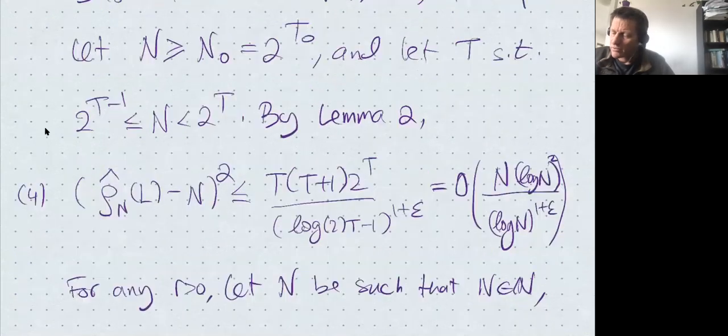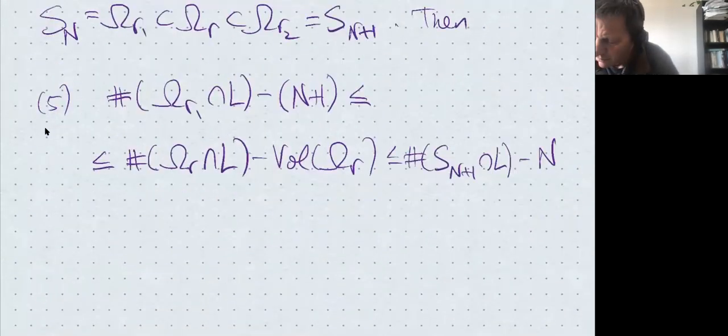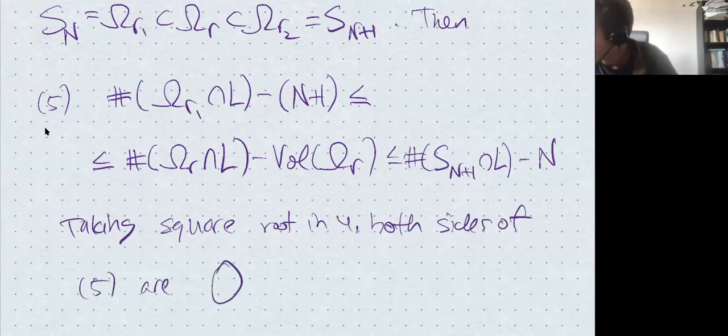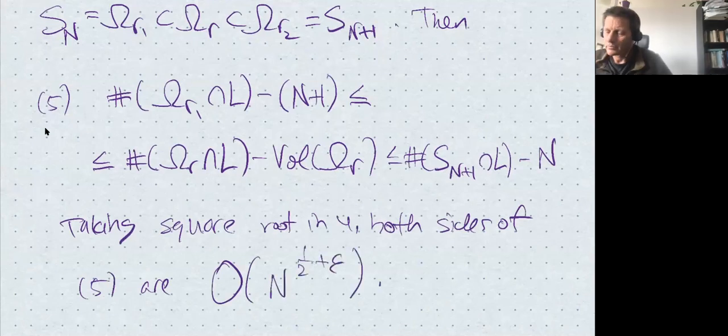So taking square root in 4, both sides of 5 are, up to constants, n to the 1/2 plus epsilon.